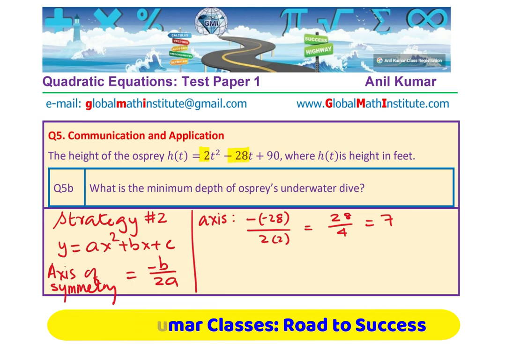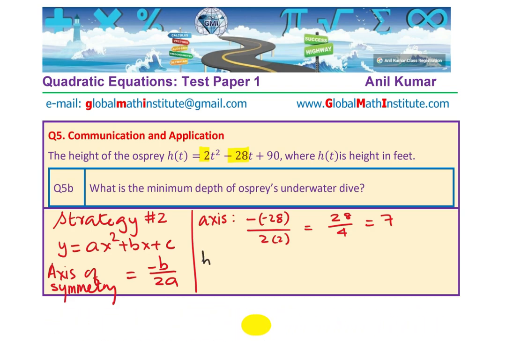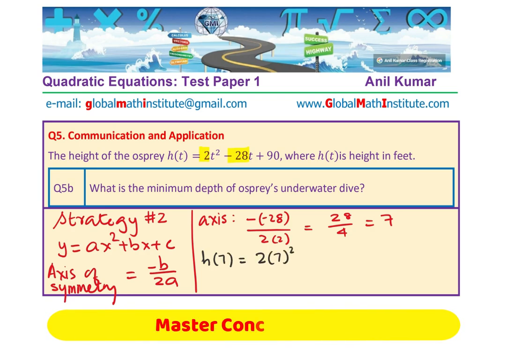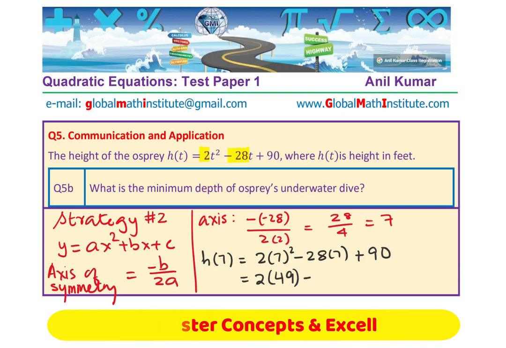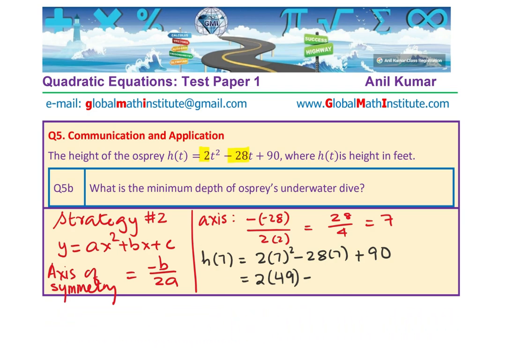Now, at time t equals 7, we need to find the height. So we'll substitute 7 in this equation. So we get 2 times 7 squared minus 28 times 7 plus 90. You can solve this. 2 times 49 minus 28 times 7, which is 196, plus 90.